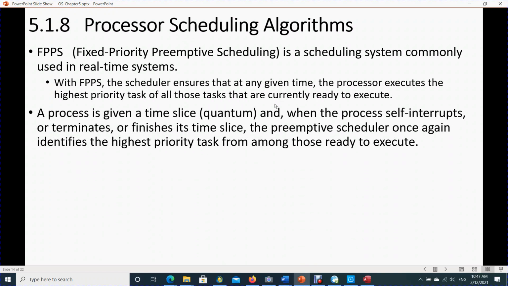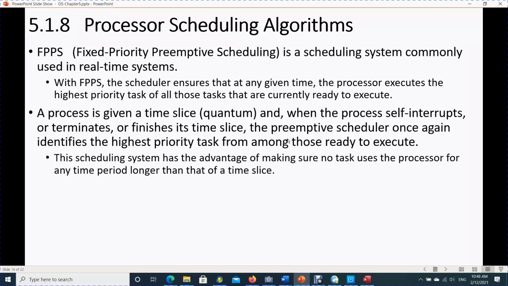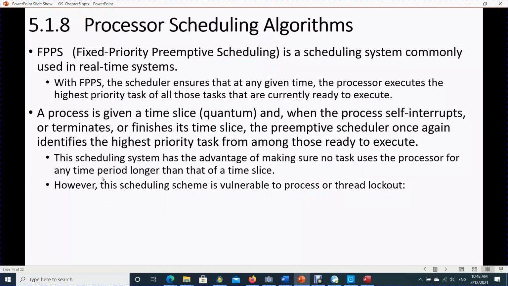Processes are given fixed time slices, quantums, and when the process finishes, self-interrupts for I/O or ends its time slice, the scheduler once again identifies the highest priority task from the ones ready to execute. It has the advantage of making sure that no task uses the processor for long time periods, longer than that of a quantum, a time slice.